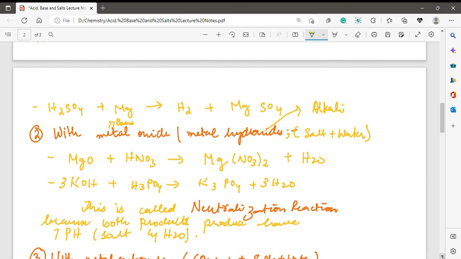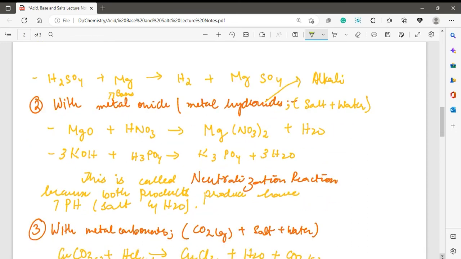The second reaction was the reaction of an acid with the metal oxide or metal hydroxide. Like in the previous reaction, hydrogen gas and salt were produced. In this reaction, salt and water are produced. You can see in the equation that this is magnesium oxide, a metal oxide, and it is reacting with HNO3, which is an acid, and it is producing two compounds.